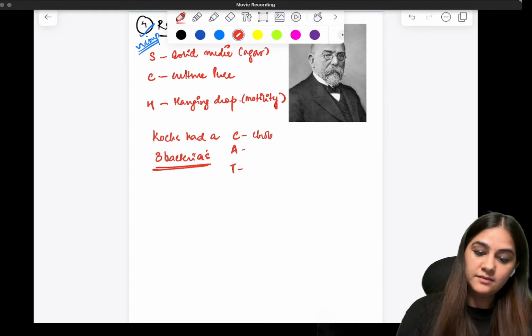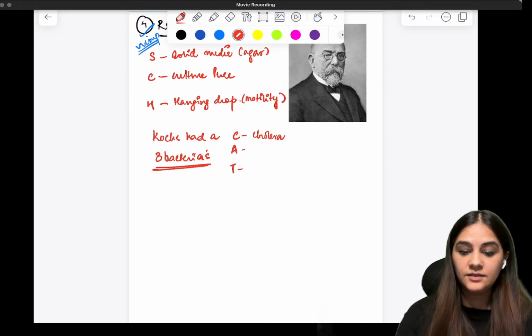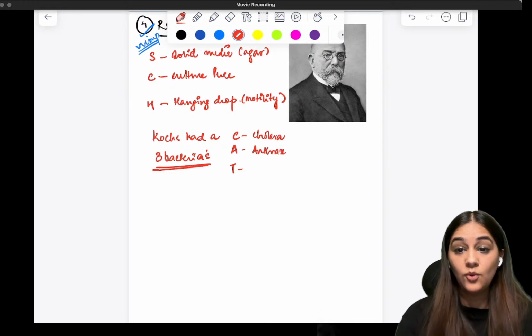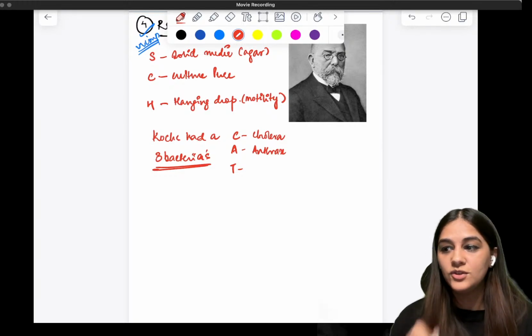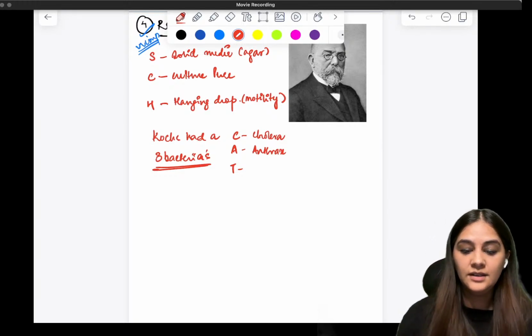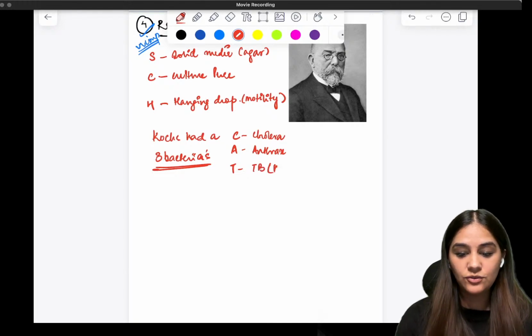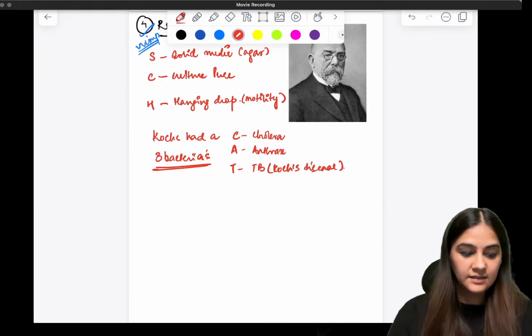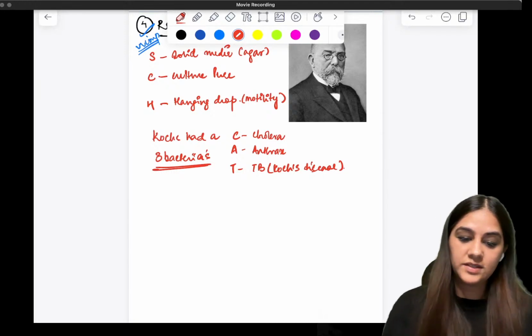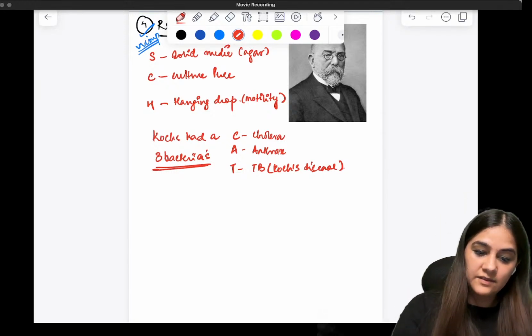The cholera, right? The Vibrio cholerae, the anthrax, and the most important one and the most prevalent one here in India, the TB bacilli, also known as Koch's disease, right? It comes very, very commonly.